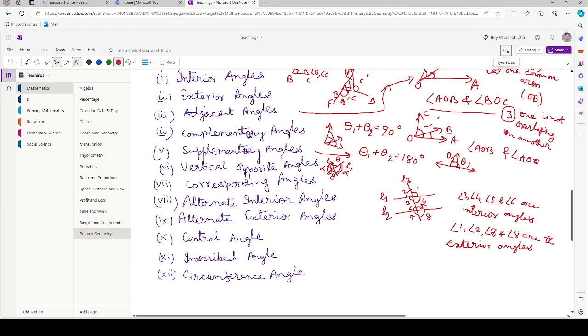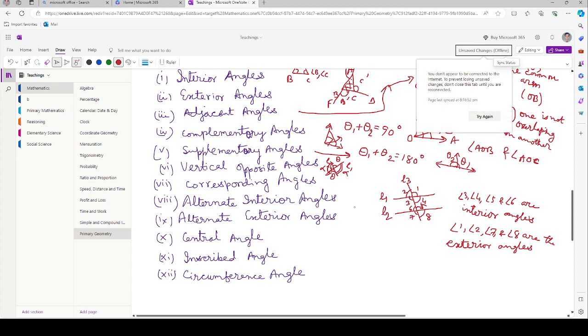Now, pairs of non-adjacent interior angles on opposite sides of a transversal are known as alternate interior angles. Non-adjacent angle.